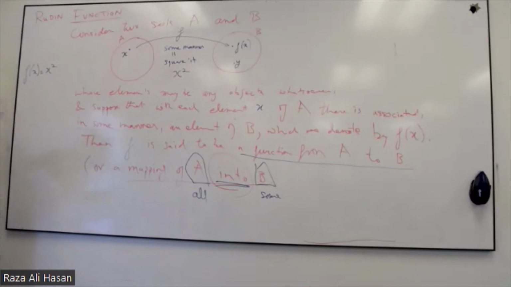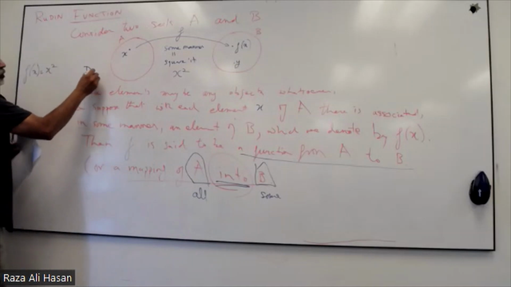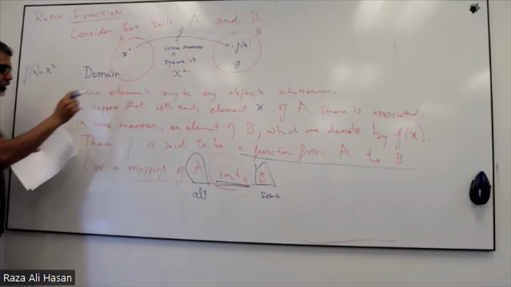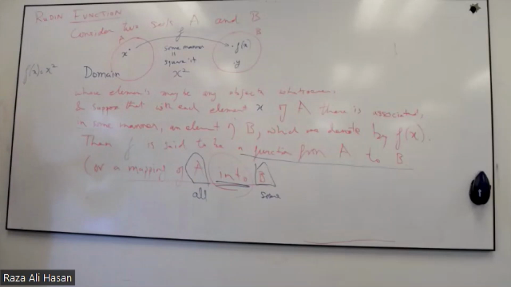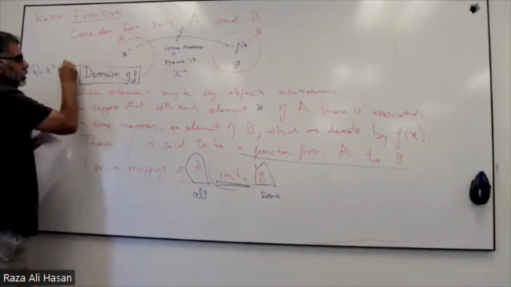So set A is called a domain. This is not in the PowerPoint I sent out, but I'll add it, like with the pictures and stuff. So domain of F, that's what this is.